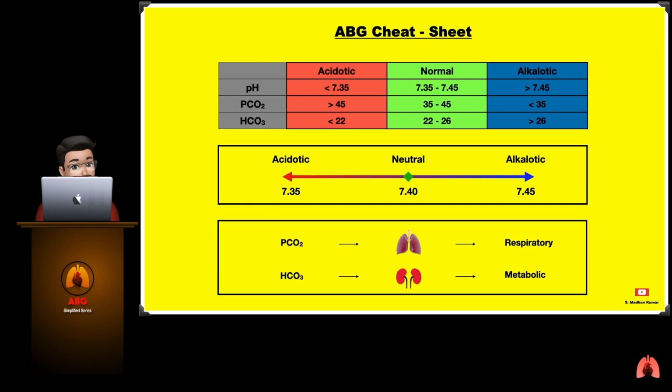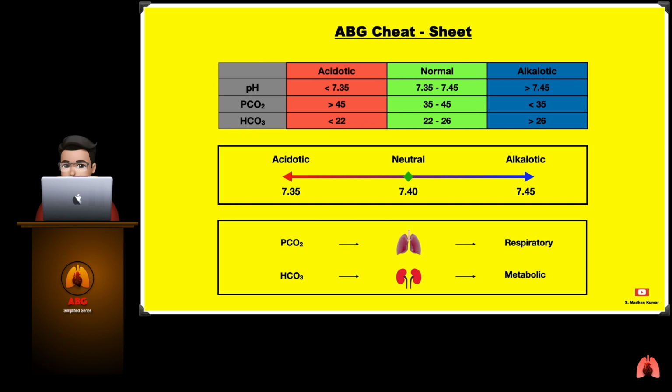For bicarbonate, the normal range is 22 to 26. Greater than 26 is considered alkalotic and less than 22 is considered acidotic. As you can see here, PCO2 represents respiratory, or otherwise the lungs.